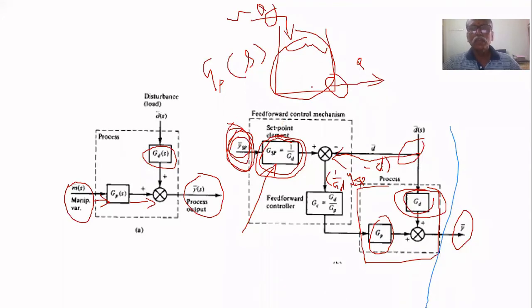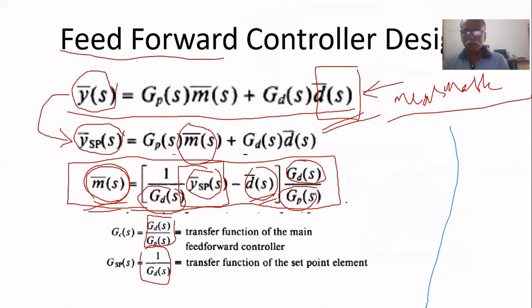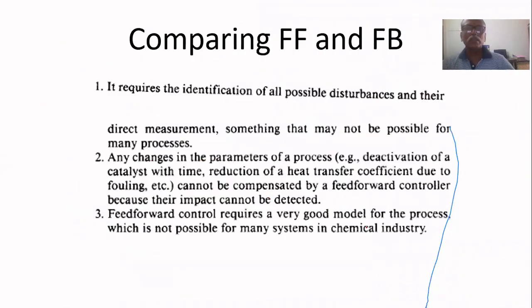If you suddenly make a step decrease in outflow rate, it will definitely give a response like this, so you can model this as first order plus dead time. That is called GD. So this GD is the model for disturbance and this is the model for input-output. So this is the design of the feed-forward controller.